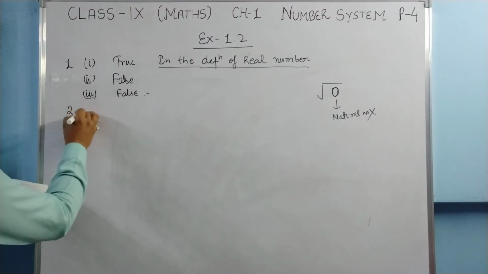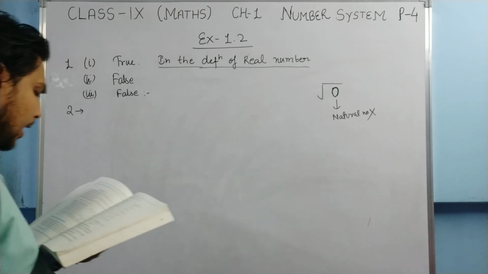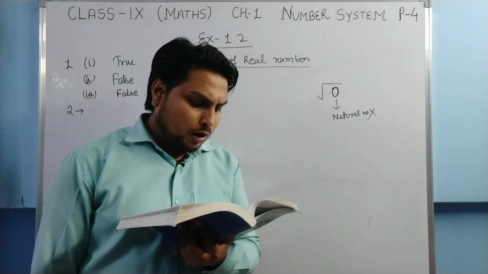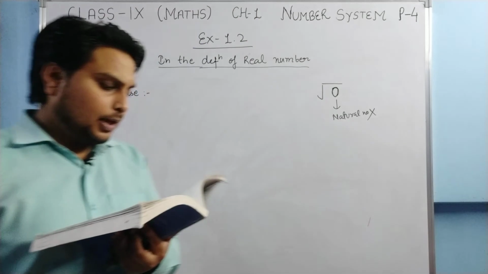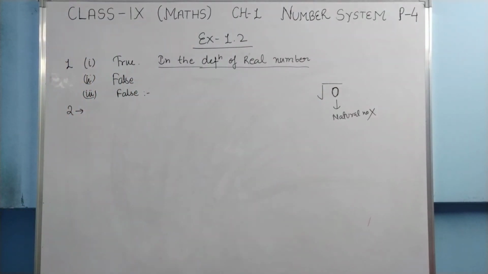Now question number 2. Question number 2 is, are the square roots of all positive integers irrational? If not, give an example of the square root of a number that is a rational number.